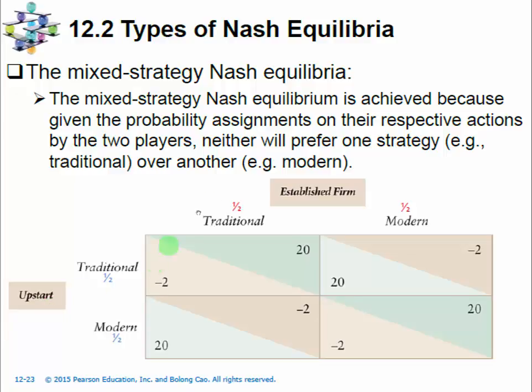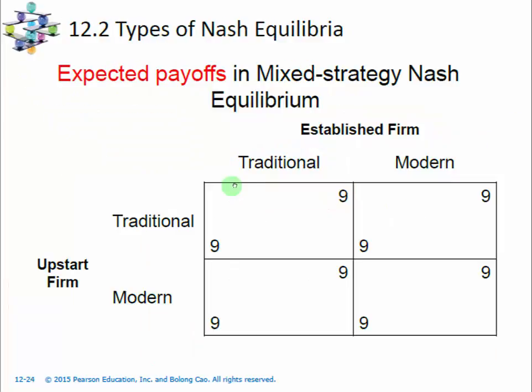Only when the players face the same expected payoff from playing two different strategies, 9 for either style and 9 for either style for both firms, that is an equilibrium. That is how the mixed strategy Nash equilibrium works.